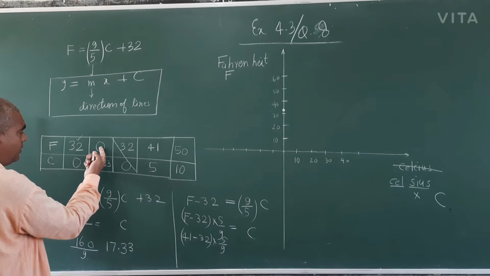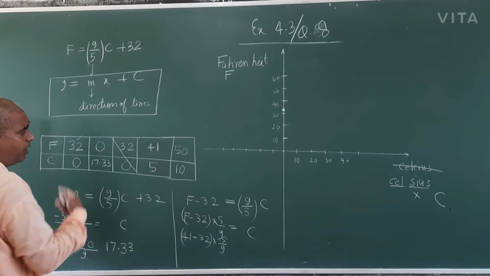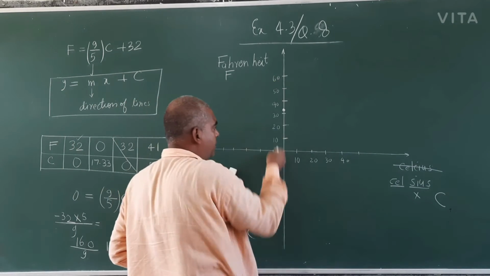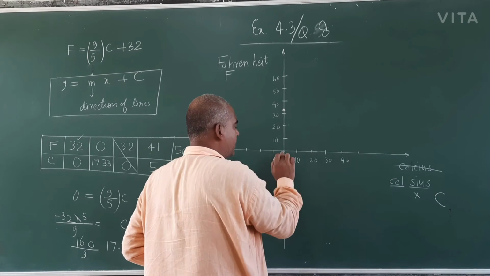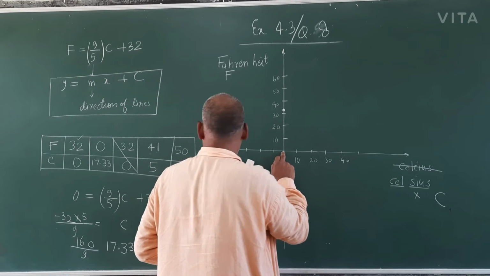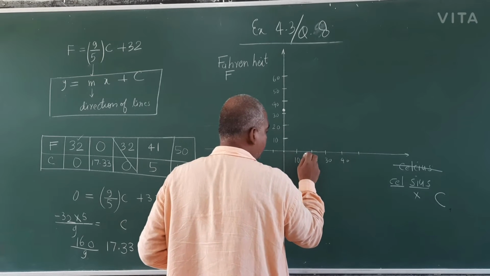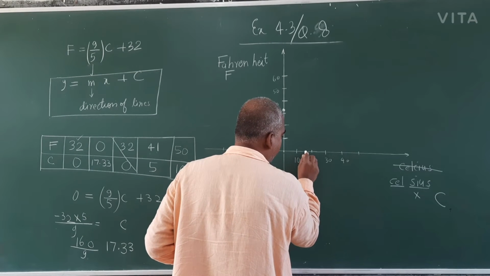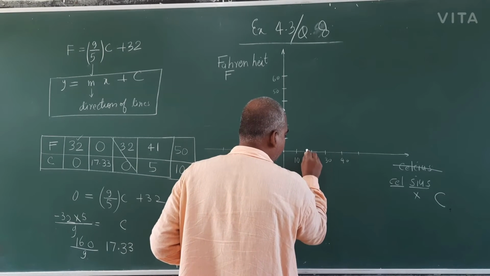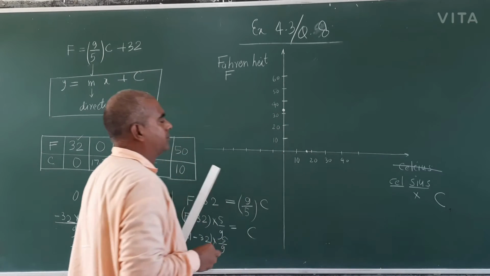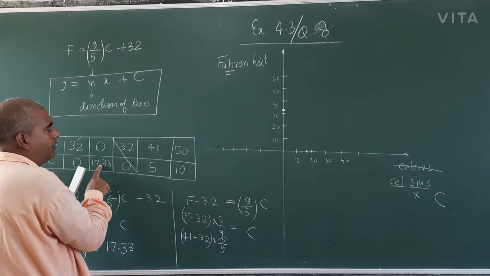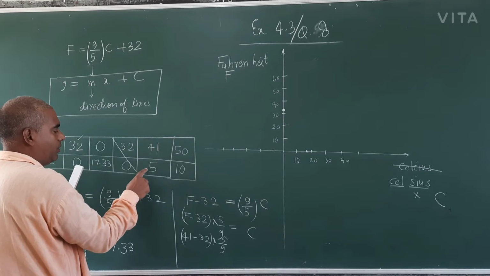You may take F equal to 0, 17.33. F is equal to 0 means we don't have a value here, 17.33, means you can get here 17.33. After that C is equal to 5, F is equal to 41.